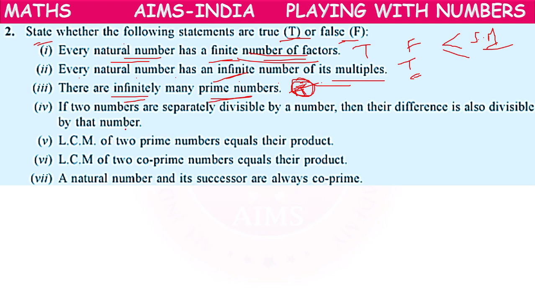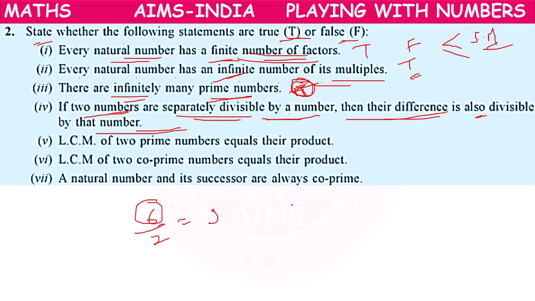Next, if two numbers are separately divisible by a number, then their difference is also divisible by that number. Let's take 3: 3 times 2 is 6, so 6 is divisible by 3.